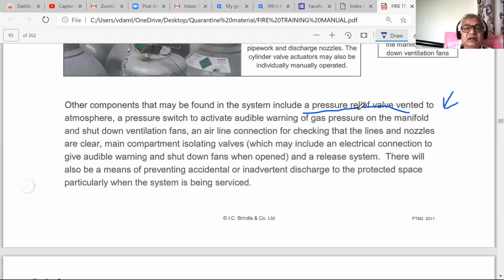This is never inside the accommodation or somewhere where it can hurt. It is always in an area where, in case extra pressure develops, the relief valve will release it without hurting anybody, because CO2 is not for us.